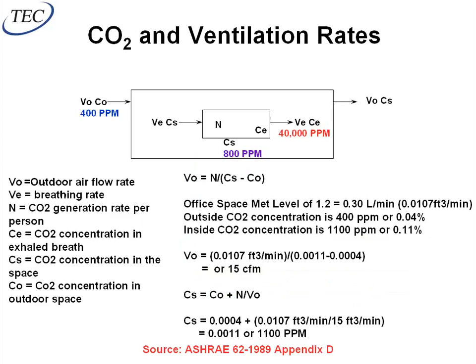So I won't bore you guys with all the math here, but this is right out of the ASHRAE 62 standard, and this basically has been in the standard before DCV was even allowed by the standard, because the ventilation rates that we have today, based on the ASHRAE standards and the codes, are all derived from CO2 calculations back in the day. So what this shows you here is V_O, the outdoor airflow rate, is equal to the CO2 generation per person divided by the difference in CO2 between outside and inside.